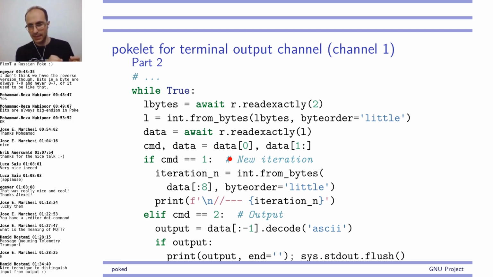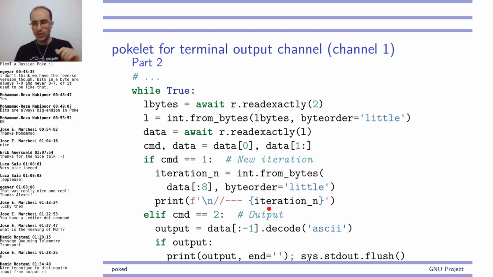If the CMD is 1, it means that we have a new iteration, if you remember the iter n variable. We expect that after this point the data is a 64-bit unsigned integer in little endian order. We decode that integer and save it to iteration n, and we just print that this is a new iteration.